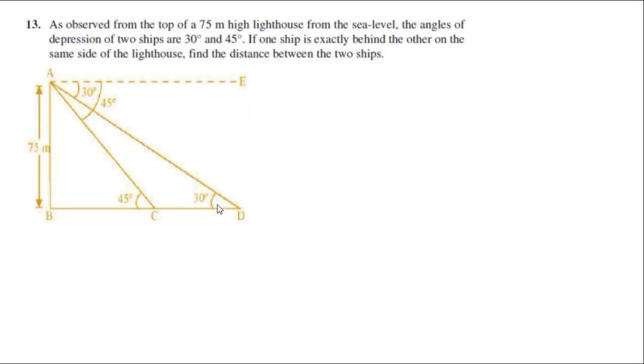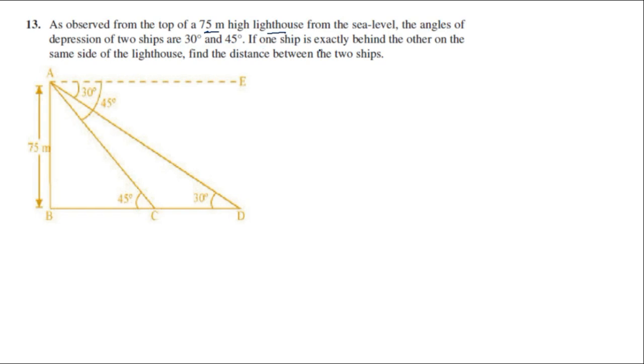Question 13. As observed from top of a 75-meter high lighthouse, from the sea level, the angle of depression of two ships are 30 degree and 45 degree.